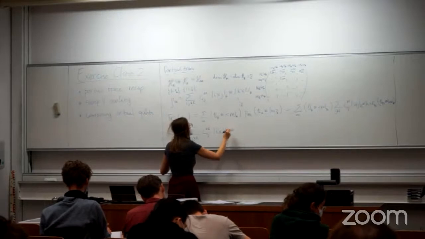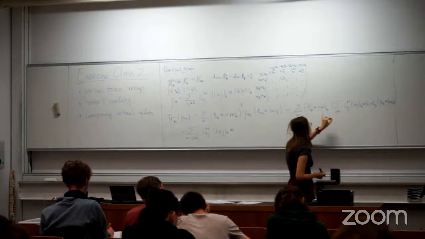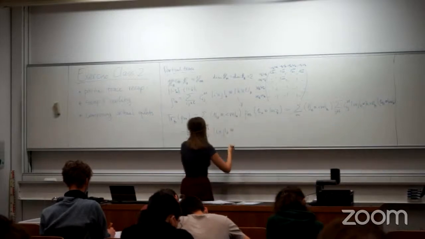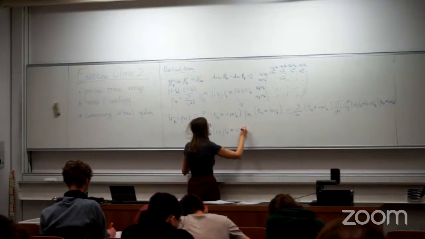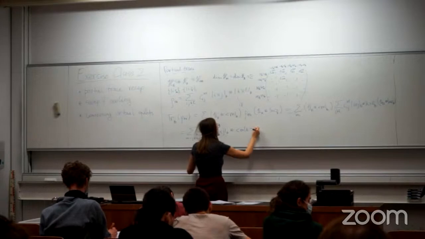Tensor product. Here we have the state on B, which is sandwiched in between the bra M and the ket M. So what we have here is ⟨M|K⟩⟨L|M⟩.